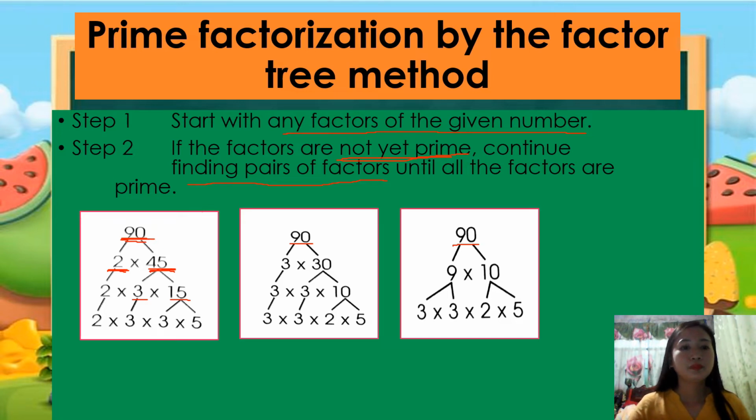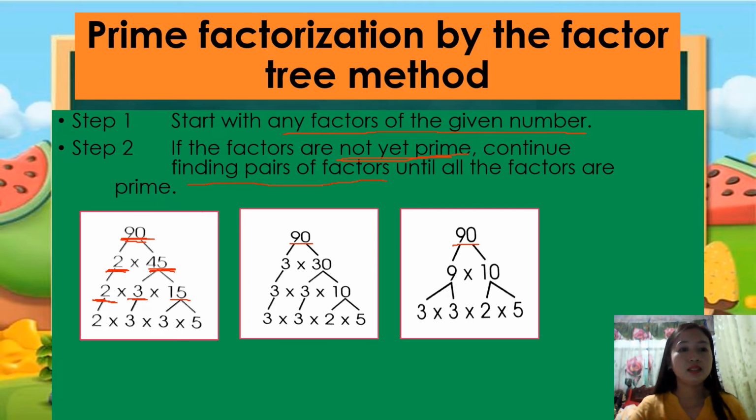Now, 2 is already a prime number, so we write here 2. No need to get the factors of 2 because it is already a prime number. How about 3? Is it prime or composite?